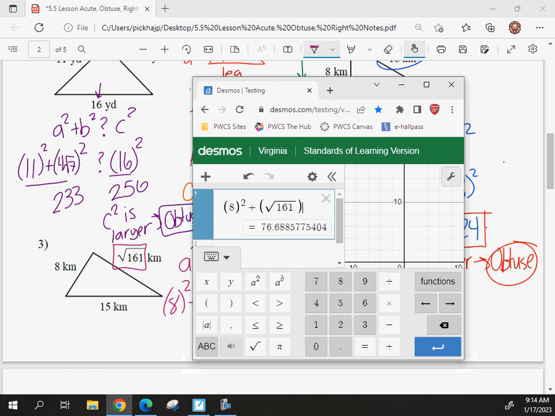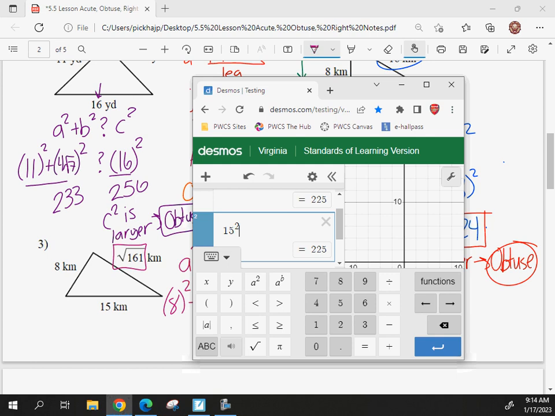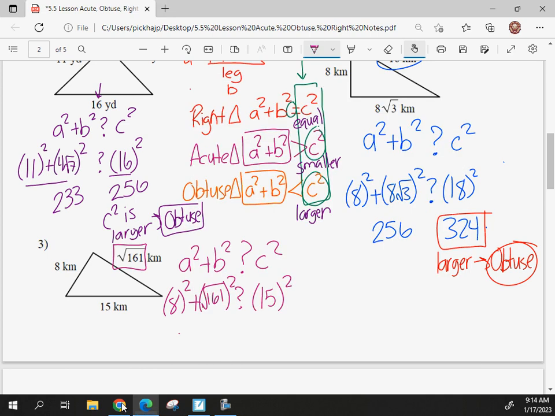You need to use parentheses here to make sure that we get that square root squared properly. And then I'm going to do 15 squared. And you can see they're both the same. Both sides turn into 225. That means both sides are equal, and that means that this is a right triangle.